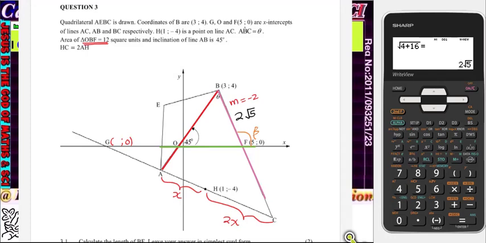Then I can say beta is actually arctangent of negative 2. I told you when it's negative gradient, you add 180 because you can see beta will be an obtuse angle. So shift tangent negative 2, you get that answer.